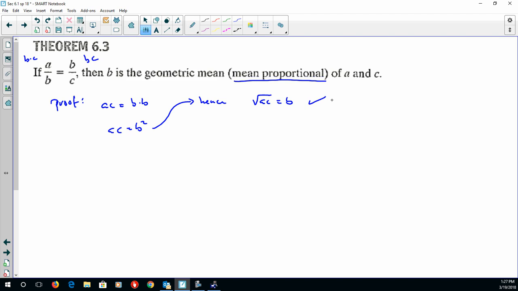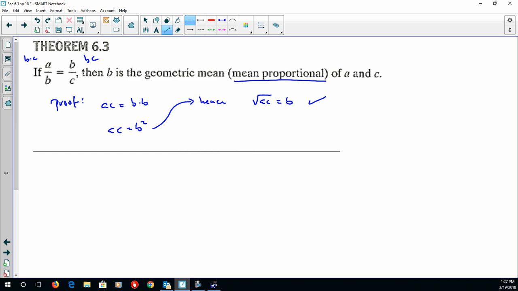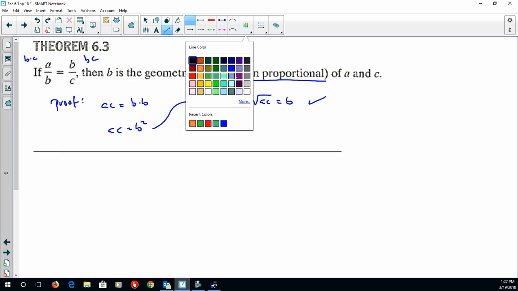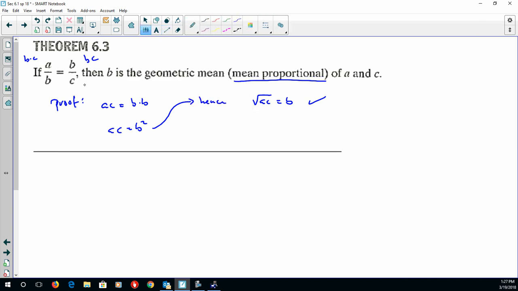Now, there's one particular form of a geometric mean that's got special names. It's called the golden mean, or the golden ratio, the golden proportion, there's several terms used for this thing.